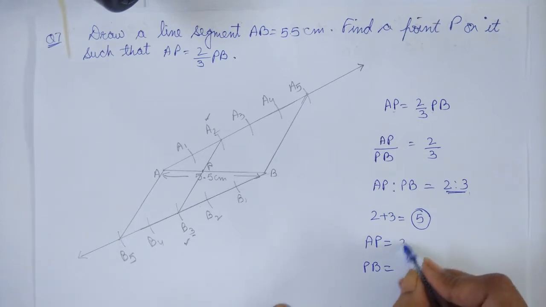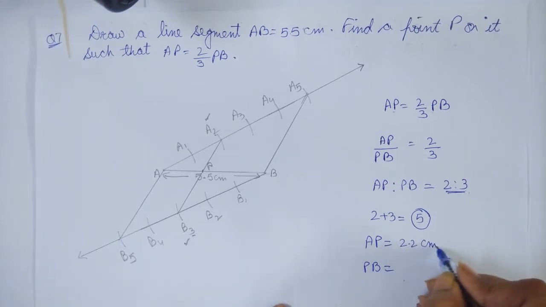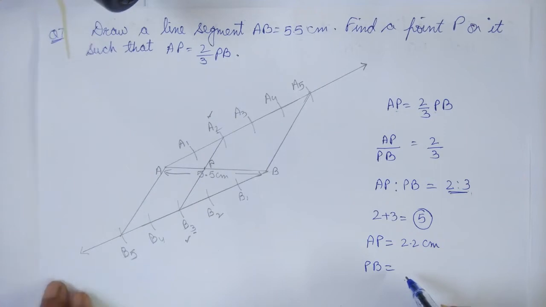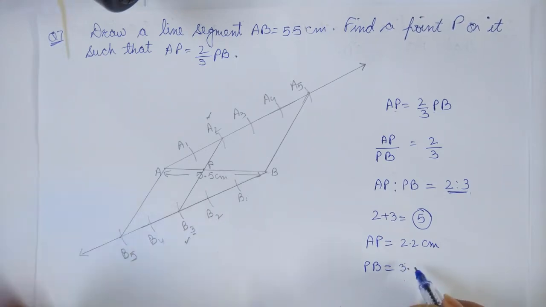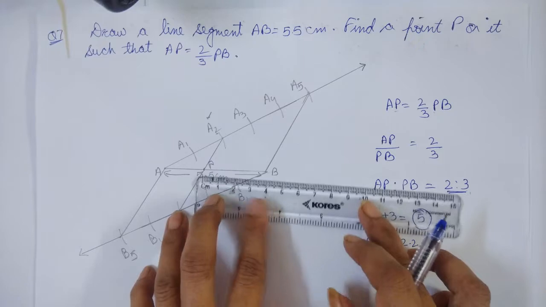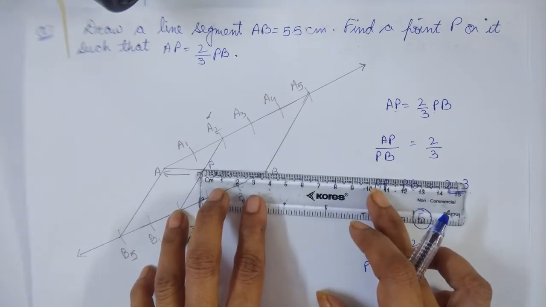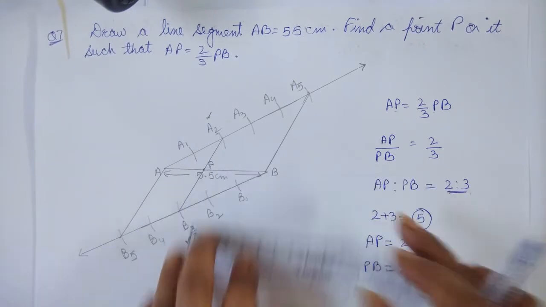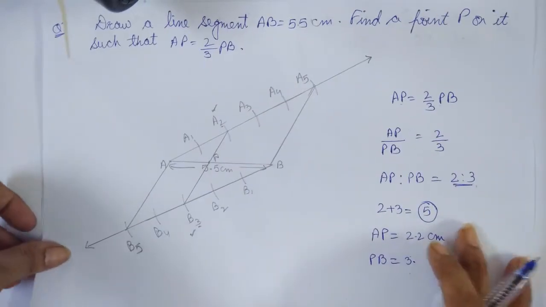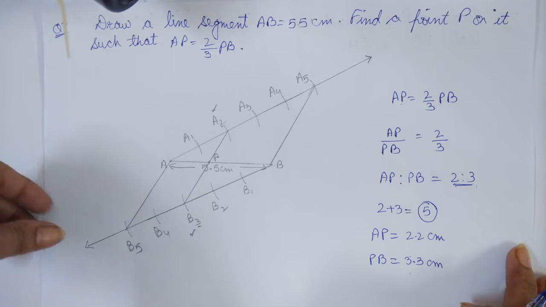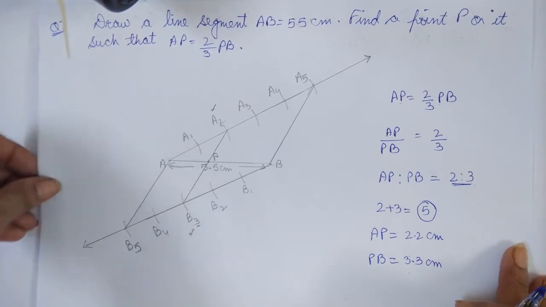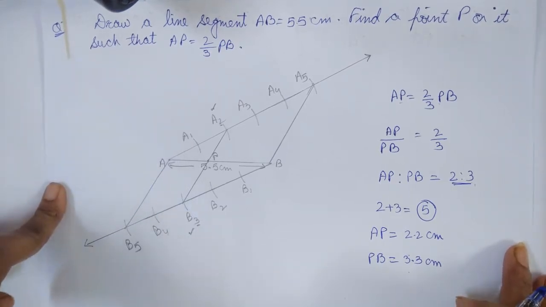AP is 2.2 centimeter, and PB is coming as 3.3 centimeter. Like this you can do the question.